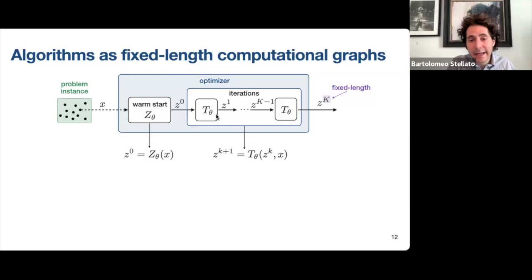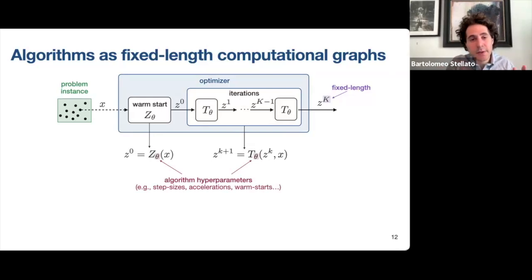Then we apply k iterations of your operator T in order to get the iterate zk. These operations, the warm starting and the operator, will rely on some hyperparameters based on step sizes or acceleration or warm start. There are many different things that you can tune for these algorithms, but we will not tune them for the beginning of this talk.